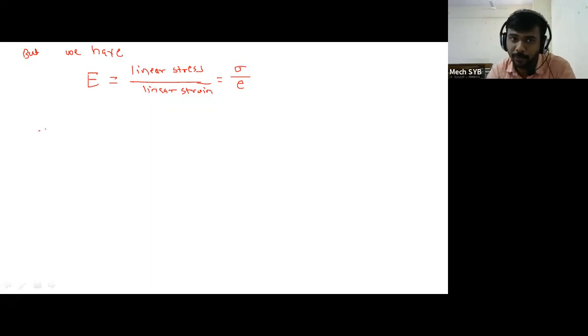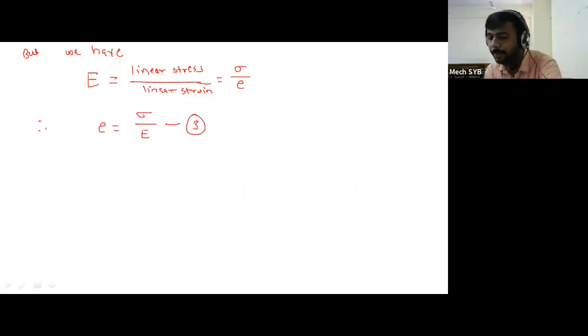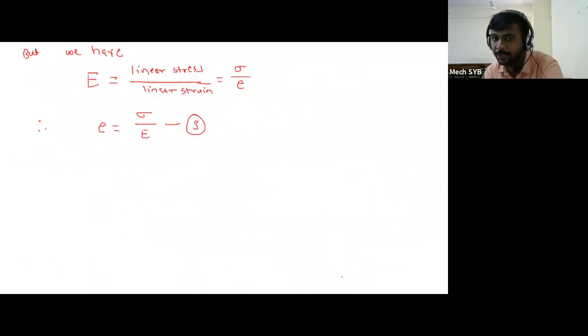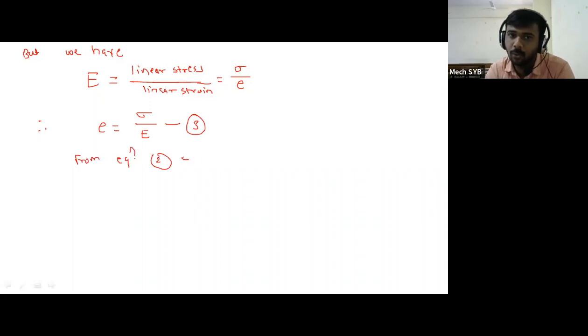So, okay. From this particular equation, I will write the equation small e is equal to sigma upon E. Equation number 3. So if we compare equation 2, it is also available: small e is equal to y upon R, and equation number 3, small e is equal to sigma upon E. Therefore, from equation 2 and 3, LHS is equal to RHS.